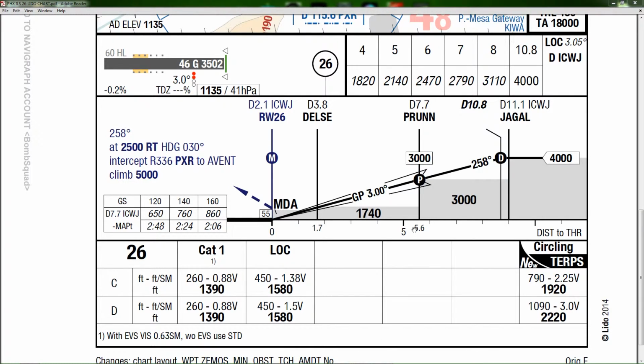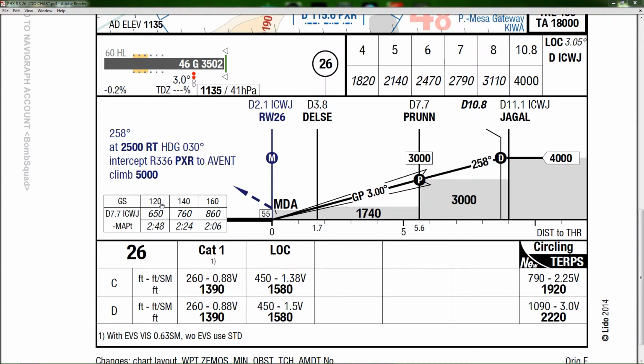And one of the little bits of additional information we have here is our ground speed, 120, 140, 160, and it tells us what our descent rate should be in feet per minute and how long it should take to get from 7.7 miles, which is 11.1 at Jigal, it's 7.7 right here at Prune. So from Prune, my brain is not working today, from Prune to your missed approach point, which is right here. This is the missed approach point.